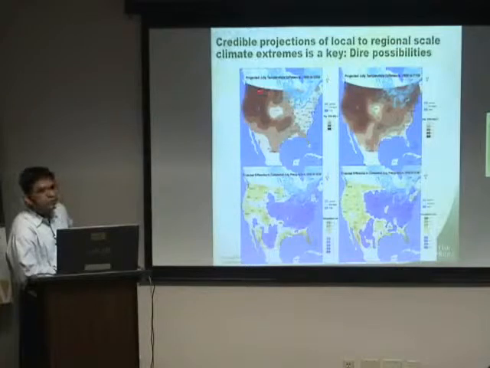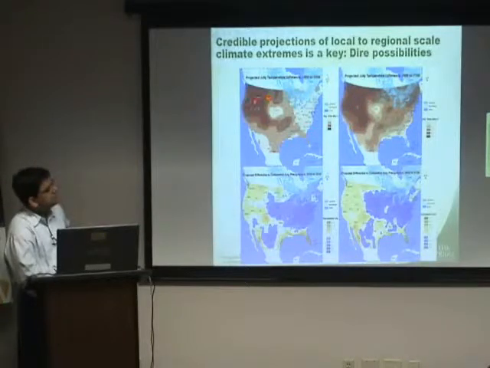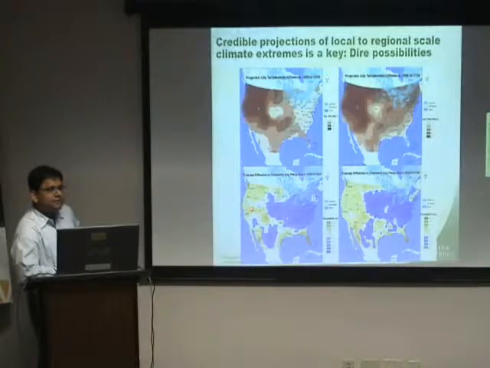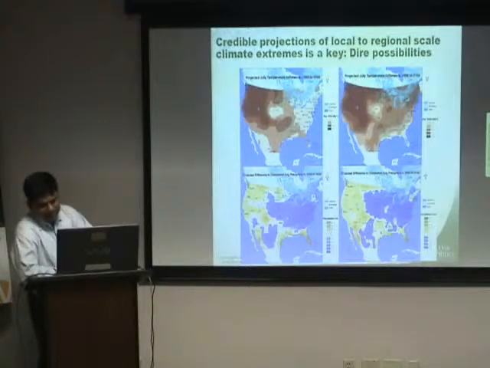This is getting fairly warm, and in 2100s this is getting even worse, especially if you look at western US. This is rainfall, and shades of yellow indicate drying pattern, blue indicate wetting pattern. So once again, you see that in the western US you have drying and warming happening at the same time, so there could be fairly dire situations.